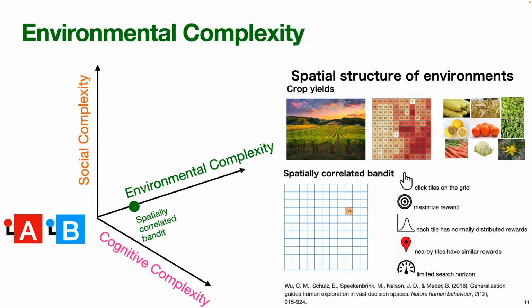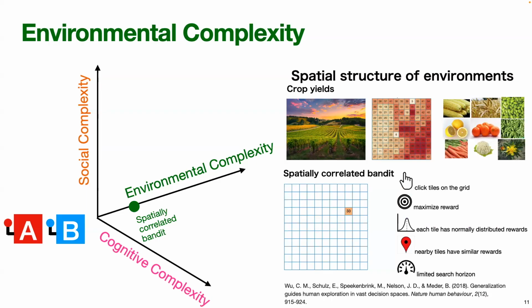So let me briefly walk through each dimension, what types of tweaks might be interesting, or what types of models have already been studied in the past, to inspire your future directions, hopefully. So first, let me start from environmental complexity. A two-arm bandit as an environment is overly simple, right?